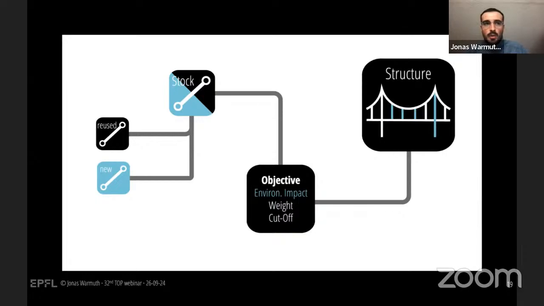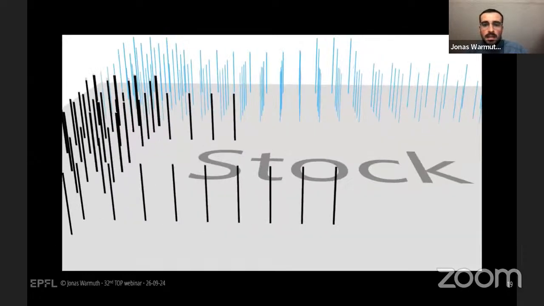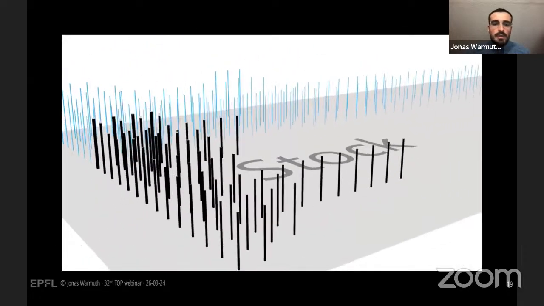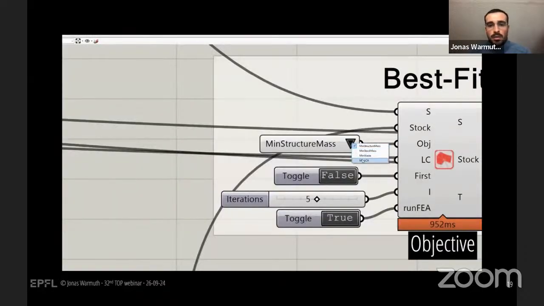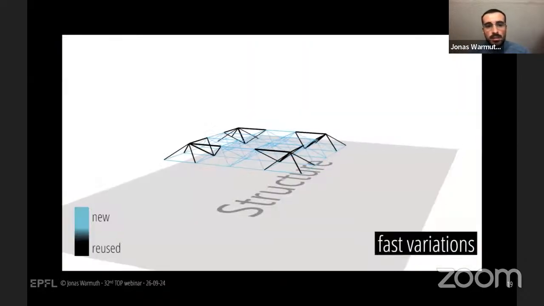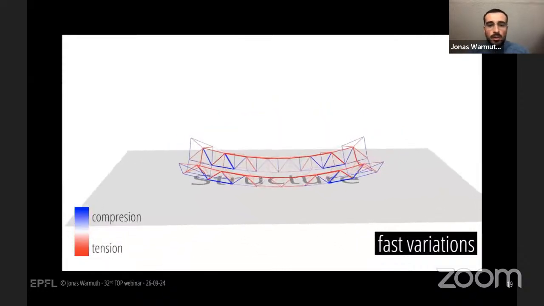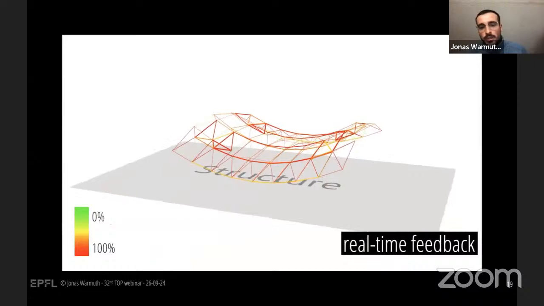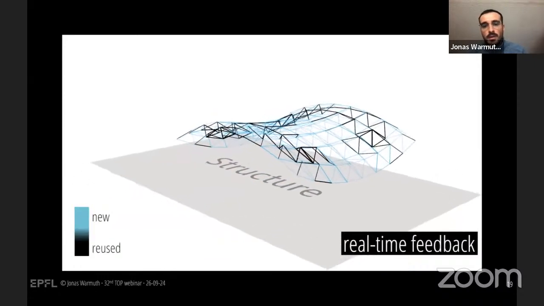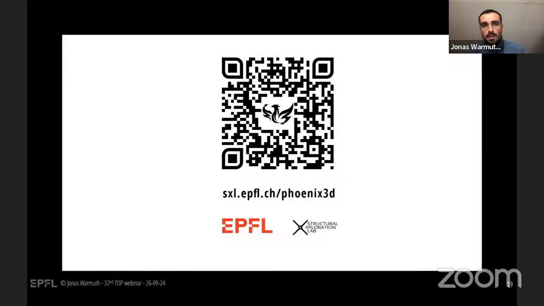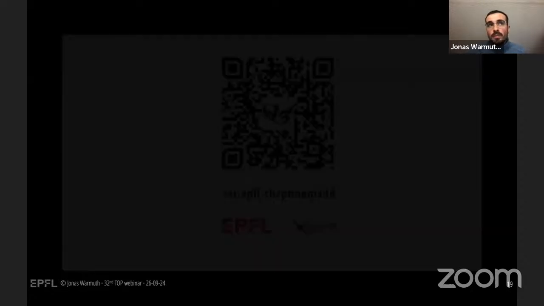And then you try to optimally assign them to a structure that you're trying to design. And while you change the structure itself, you will directly see what the impact is on the stock elements that you are using. And whenever you make changes, you will get real-time feedback on what impact it has. And so we have basically a tool that allows you also to check in real time how well a structure fits a stock.